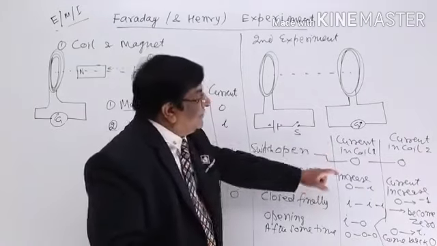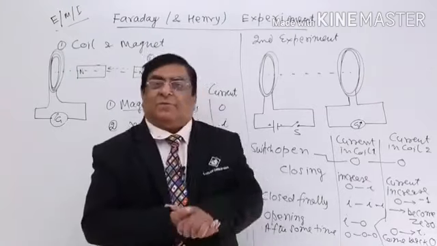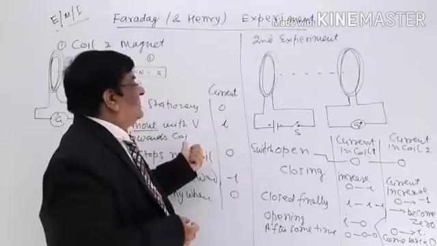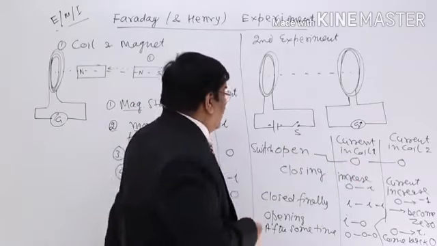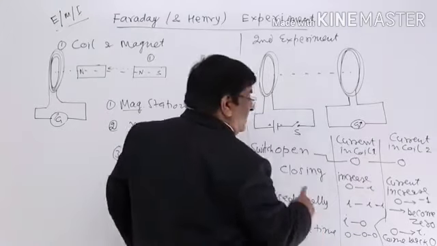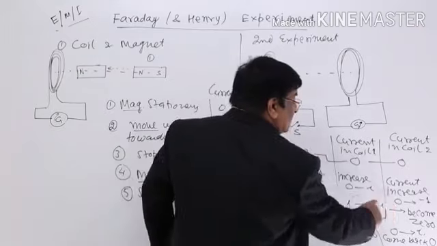So this was the sequence of current changing in this. This was the experiment done by Faraday and Henry. Here again it is explained. See, when the switch is open, this current is 0, 0. Again, when it is closed finally, it is 0.